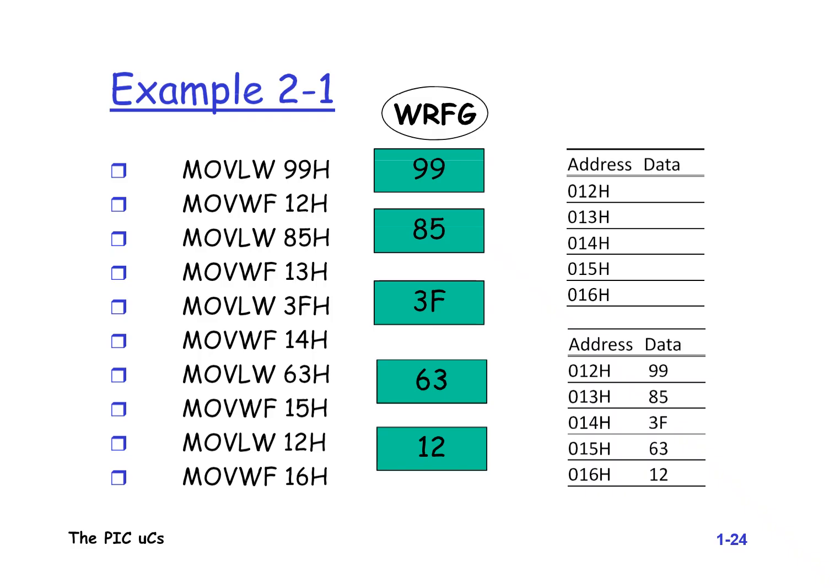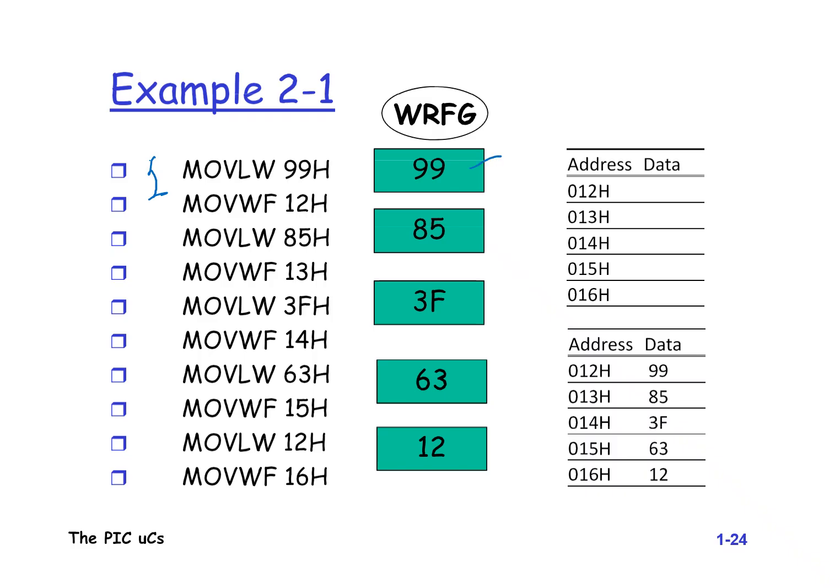Here is another example involving two instructions: MOVLW, which is for moving the literal to the working register, and the other instruction that we just discussed, MOVWF, which is used for moving the values from the working register to the file registers. So in this example, when the first instruction is executed, the literal value 99H will be placed into the working register.